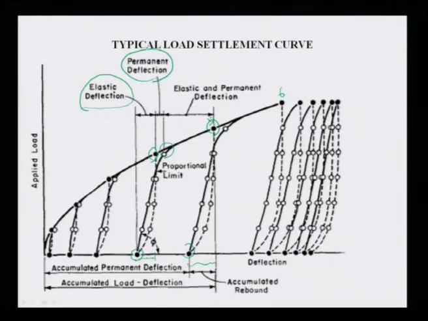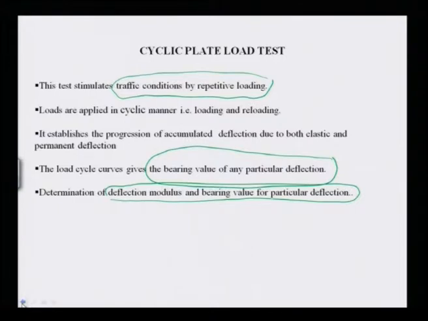So, it has an advantage, because of what happens with traffic load. It is a load applied repeatedly, like traffic on a road, with repeated passages. How does it come into the picture?